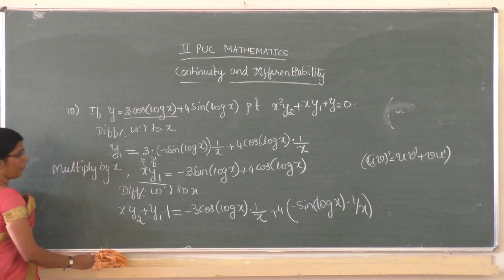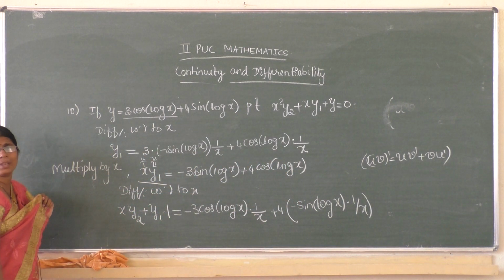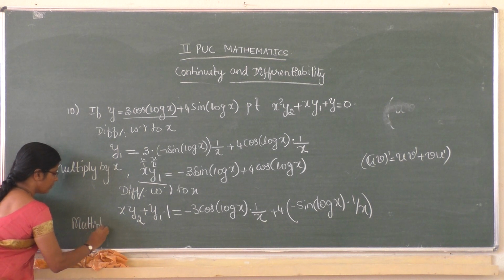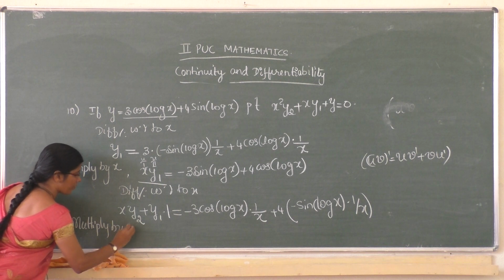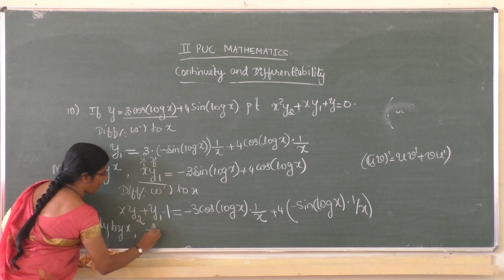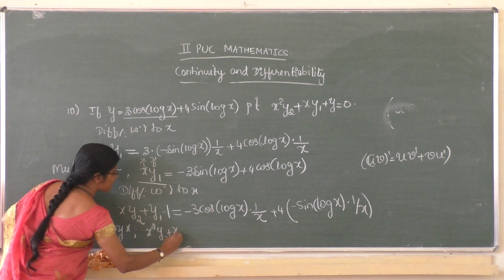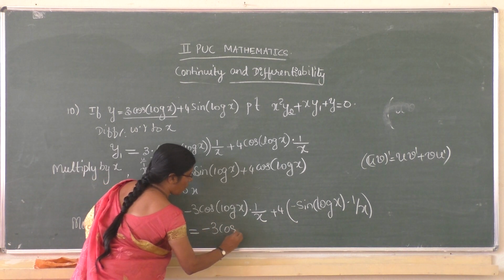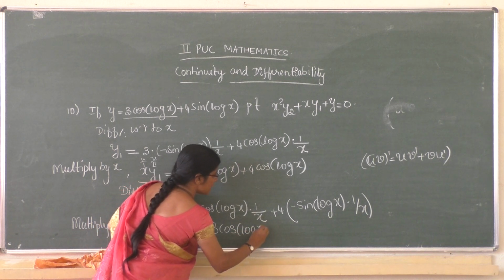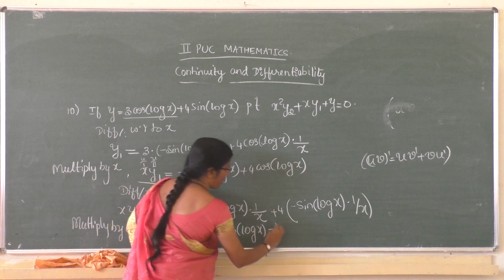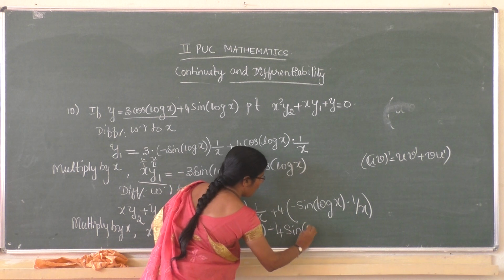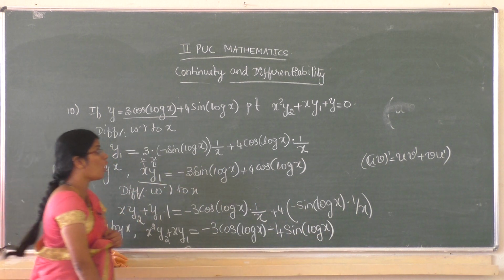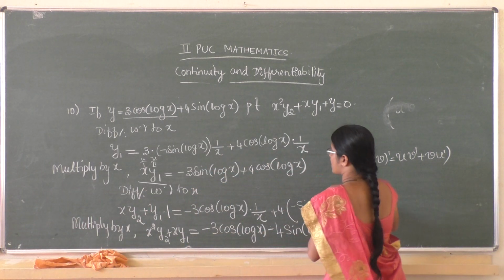Now in the denominator we have x, so multiply by x. What we get is x square y2 plus xy1 is equal to minus 3 cos log x minus 4 sin log x. Then take minus 1 common.